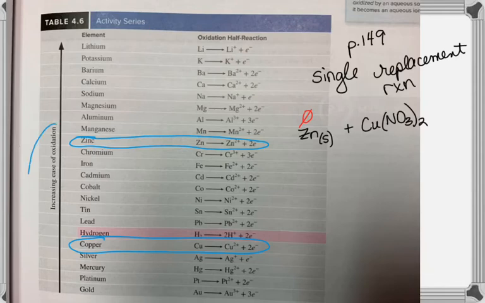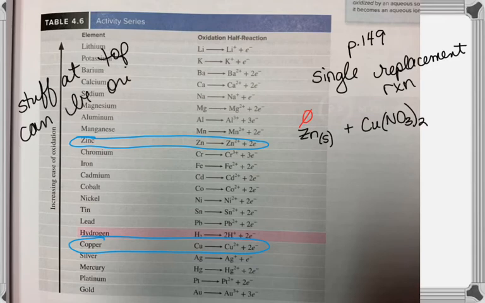And as I said, increasing ease of oxidation. Zinc can be oxidized by copper. So stuff at the top can be oxidized by stuff at the bottom.